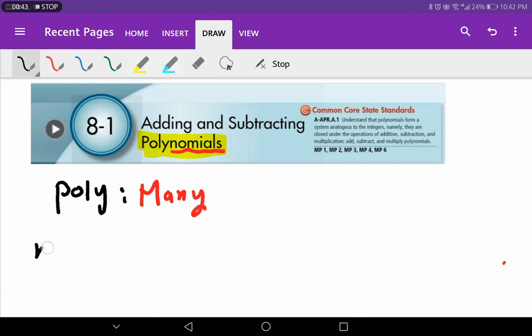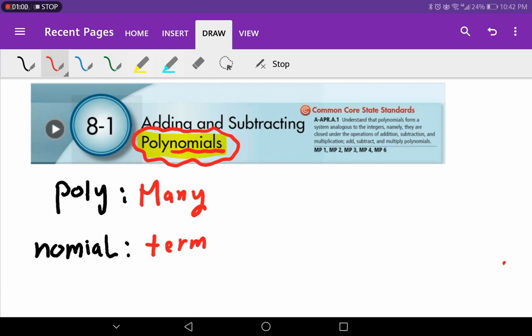Let me write it first: nomial means term. Now if we want to read it and know what we are talking about, it is talking about many terms. Okay, many terms, and you remember the terms.